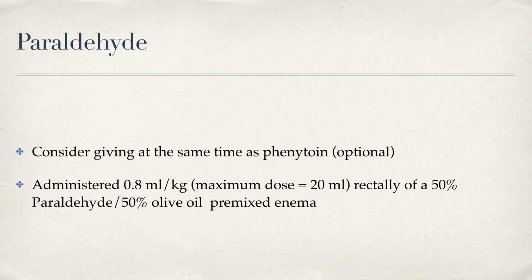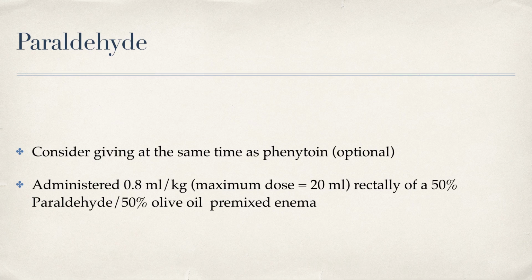What's currently recommended is that at the same time as phenytoin, you have the option to give paraldehyde, but its administration shouldn't delay the administration of the phenytoin. So you should make your phenytoin up first, and then if you want to, you can make up some paraldehyde and give it.